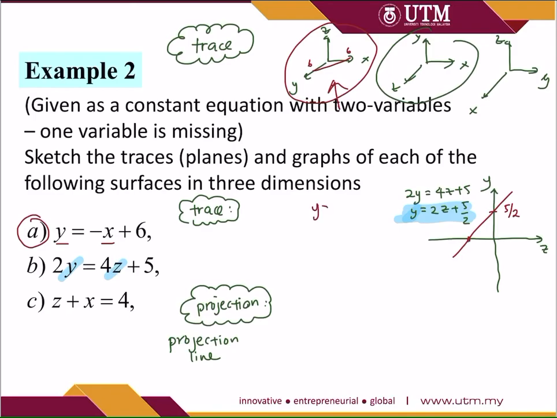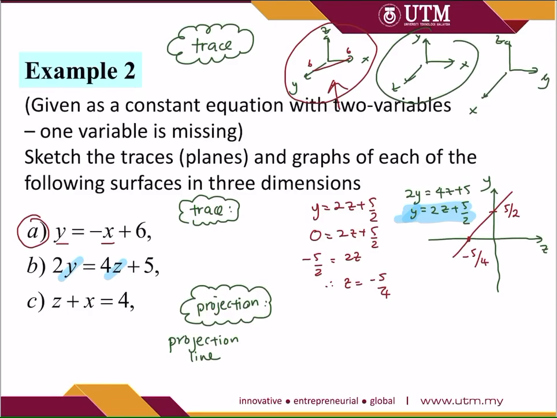So 0 equals 2z plus 5 over 2, minus 5 over 2, 2z, therefore z is equal to minus 5 over 4. So here is minus 5 over 4. That is your trace for the zy axis.